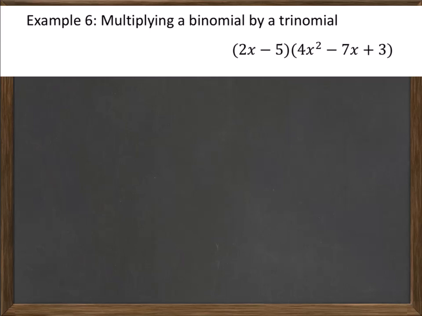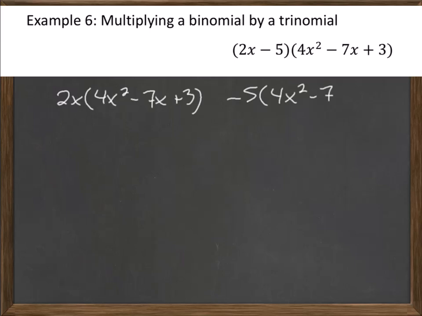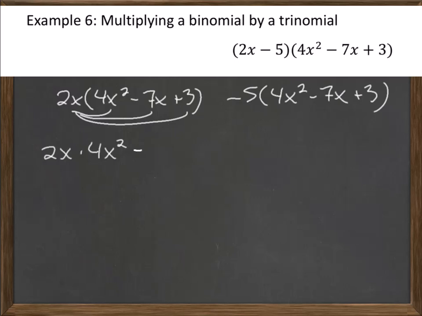Okay? So in the distribution method, I'm going to rewrite this as 2x times the quantity 4x squared minus 7x plus 3 minus 5 times 4x squared minus 7x plus 3. Once again, we're going to use distribution. So we have 2x times 4x squared minus 2x times 7x plus 2x times 3.